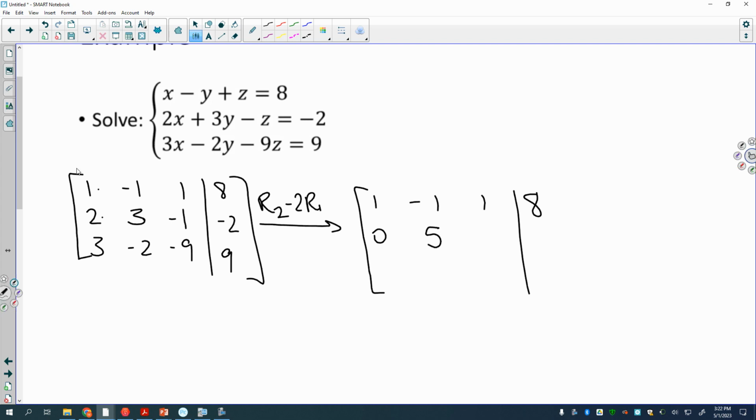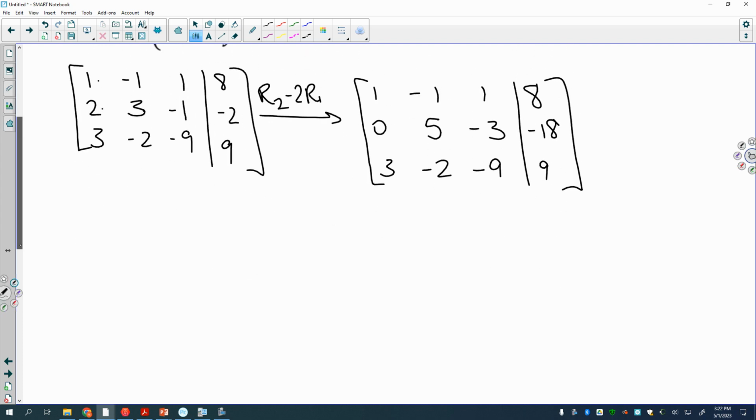And then negative 1 minus 2 is negative 3. And then negative 2 minus 16, that's a negative 18. Row 3, I didn't do anything with. It stays the same. So that gets one of the zeros that I want.